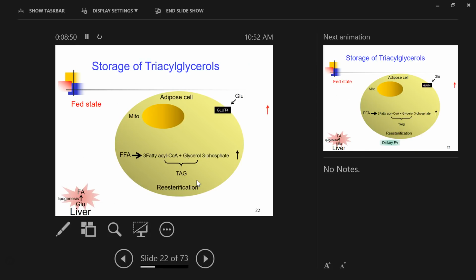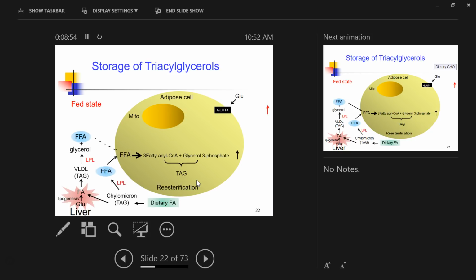So this is a slide we're talking about under the fed condition, right? We also have high levels of fatty acids, but these fatty acids are mostly from diet, and also from liver VLDL.